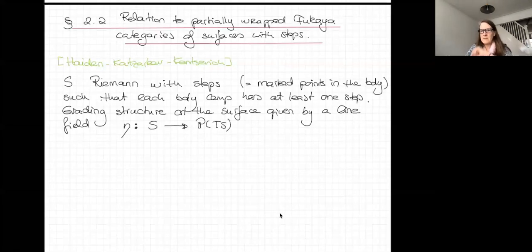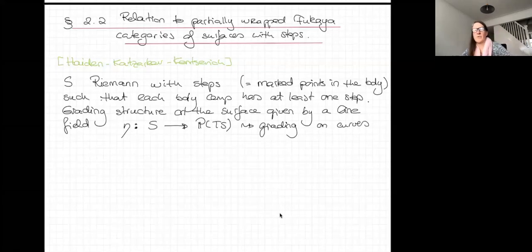So that means that to each point in the surface, we pick out a tangent line, and that tangent line is now in the projectivized tangent bundle. So you can think of it as not being oriented. Okay, and what this does, it gives us a winding number, and the winding number of the line field gives a grading on curves in the surface.